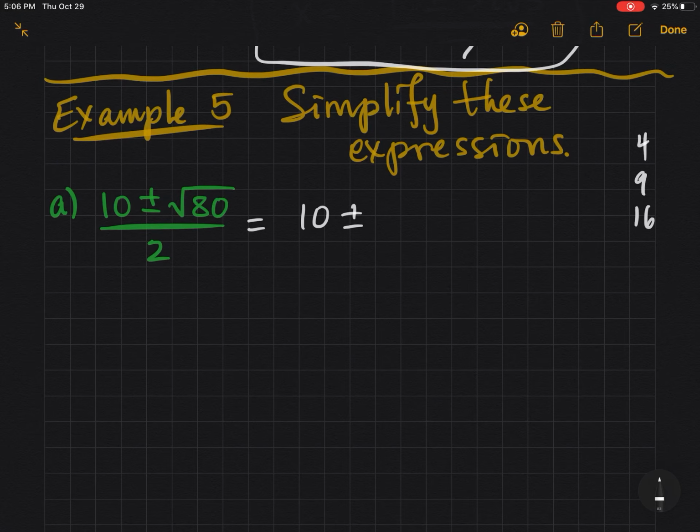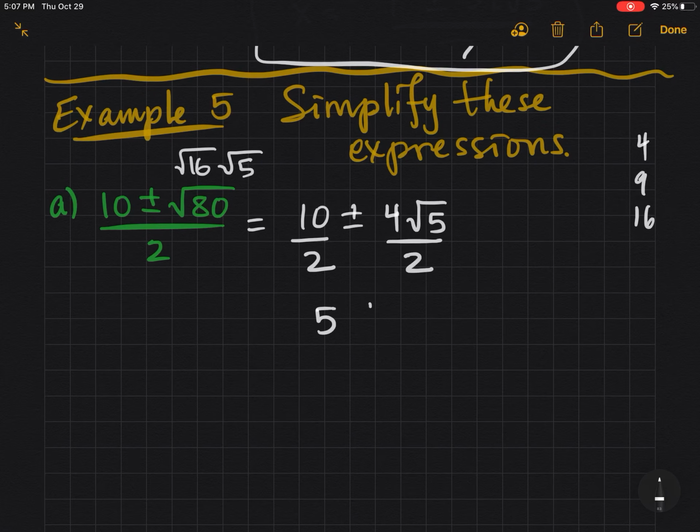Oh, yeah, 16 goes into there. That would be 16 times 5. So that's going to give me 4 radical 5. And I'm just going to go ahead and split it now, since they're both over 2. And I get 5 plus or minus 2 radical 5.